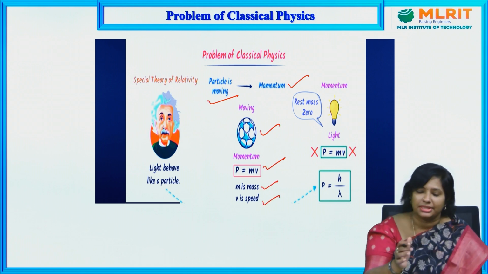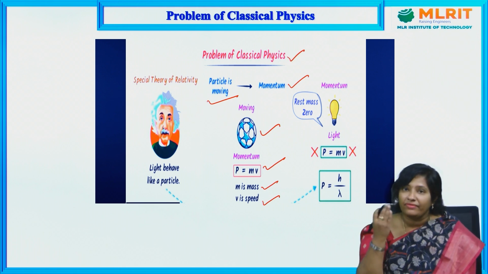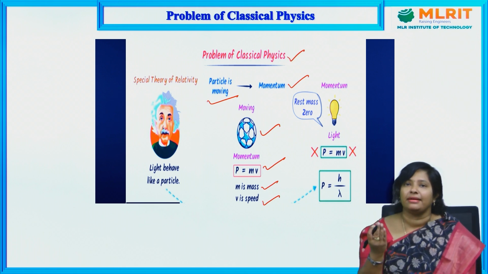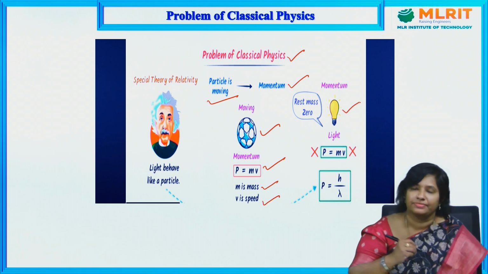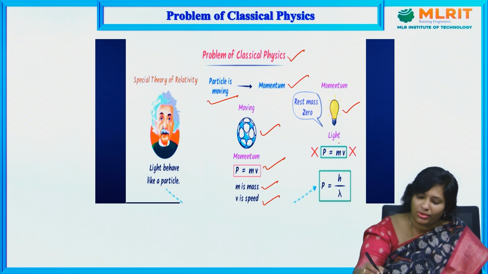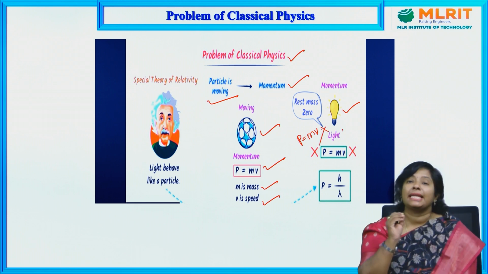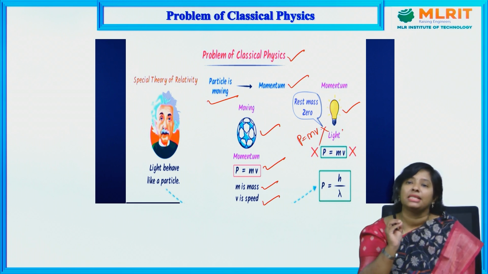This he noticed under classical physics. Similarly, when we try to find the momentum of light, you might say that the momentum of light is also p = mv. But this is wrong. Why? Because the rest mass is 0.